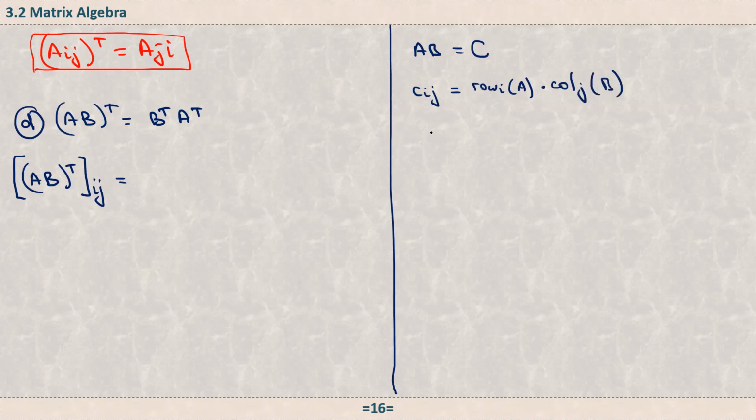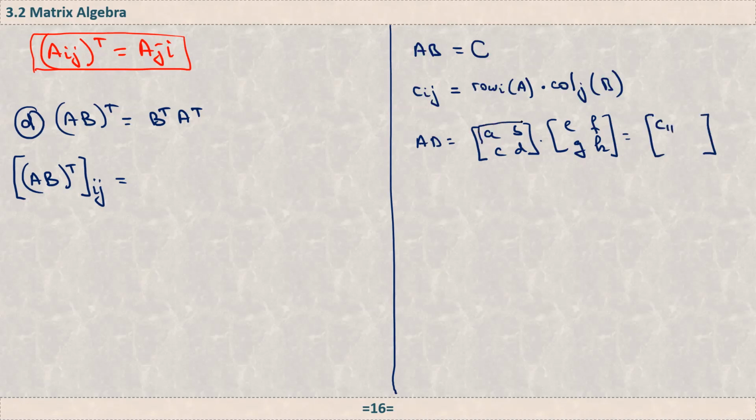For example, let's say we are given matrix A times B, where here we have a, b, c, d, and here we have e, f, g, h. Now, if I want to write this entry, let's say here we have C11. What does it mean?